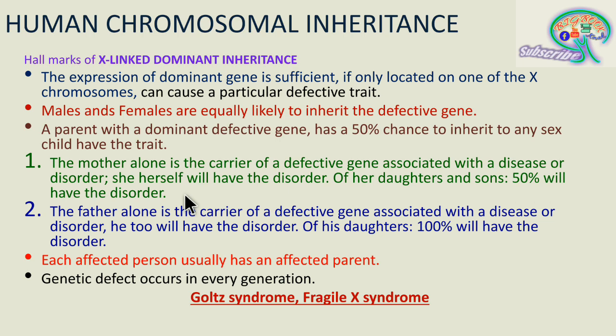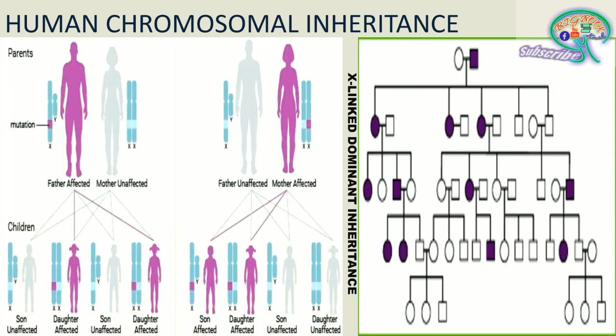Now here, for example, if you consider this particular diagram, here mother is having the affected gene which is dominant, which is present on the X chromosome. It is going to inherit its X chromosome both to the males and the females.